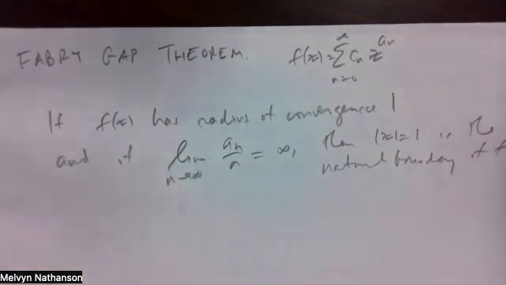That is, every point on the unit circle is a singularity. You can't extend this analytic function to anywhere outside the unit circle. So that's the Fabry gap theorem.